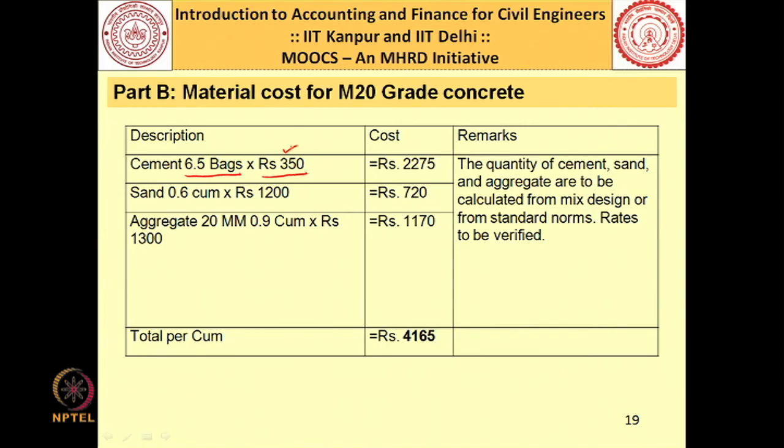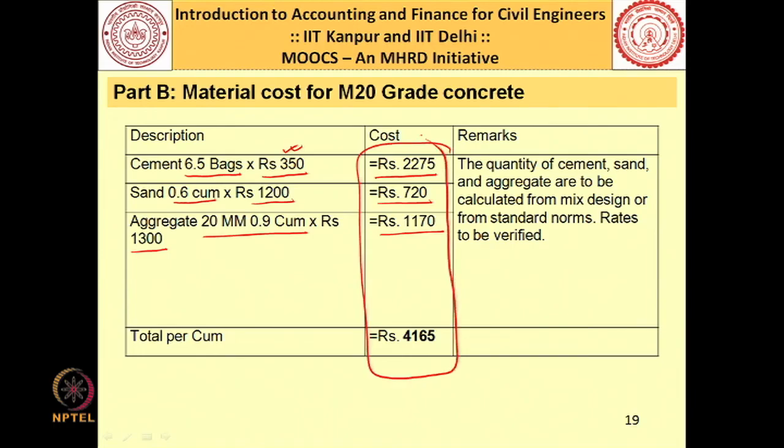From where this has come, you already know this. So this is 2275. Sand, roughly it would require 0.6 cubic meter at a rate of 1200 rupees per cubic meter. This is 720. Aggregate, I require 0.9 cubic meter at a rate of 1300 rupees per cubic meter. So total is 1170. So if you add, I am getting 4165.